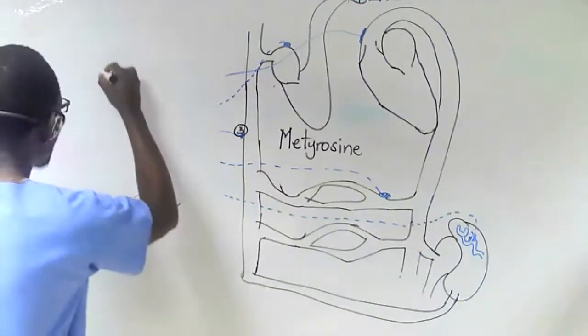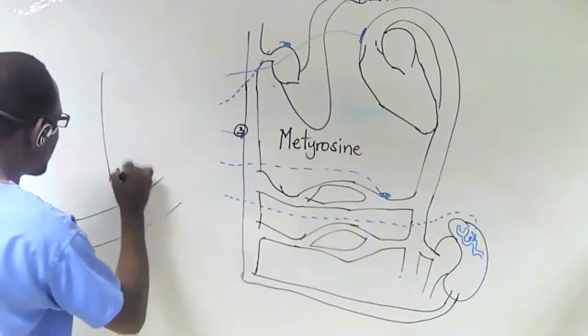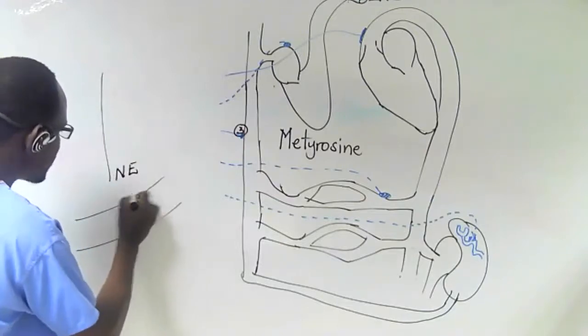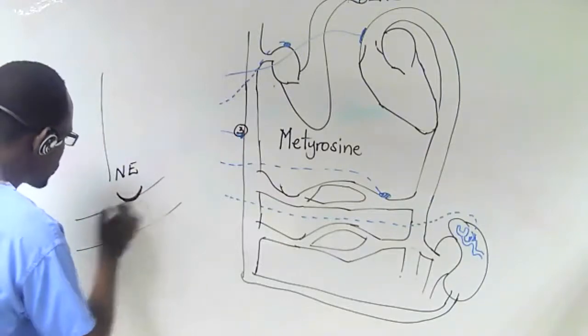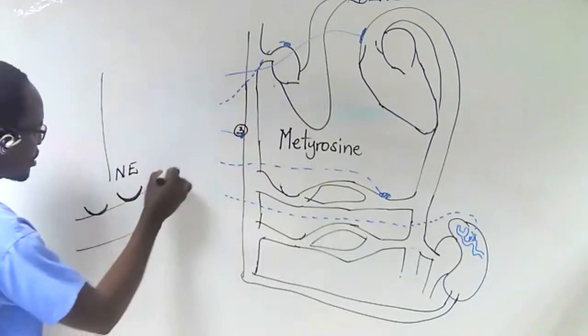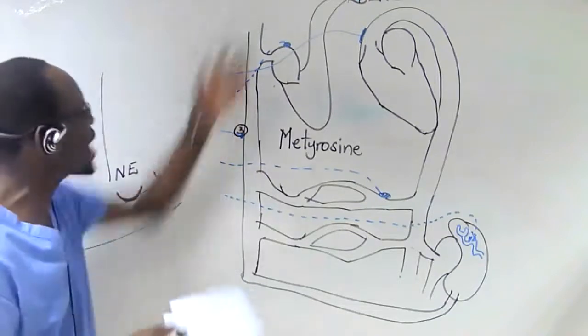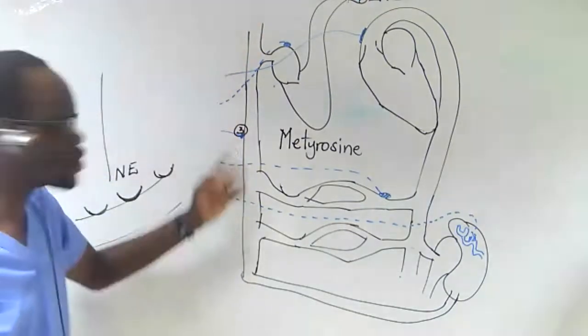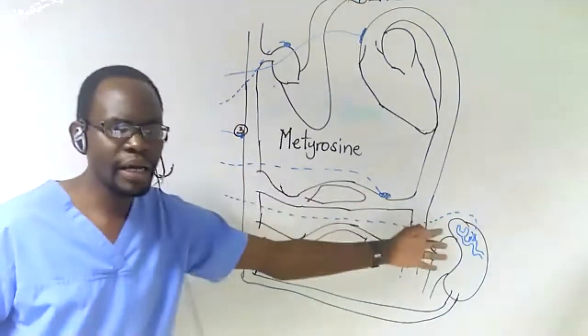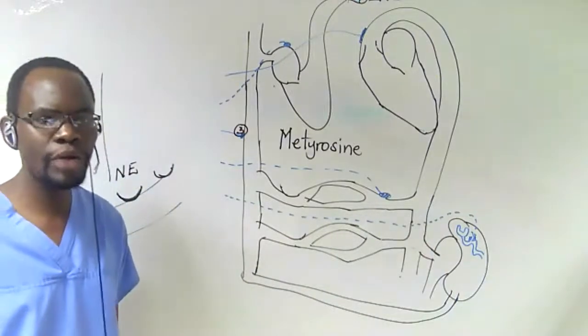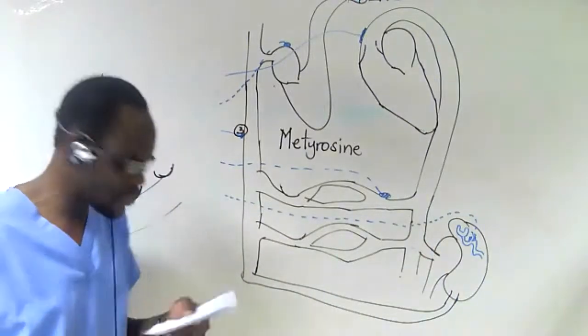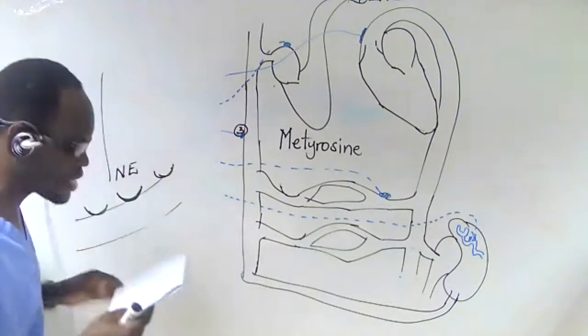That norepinephrine is supposed to act on receptors on the different effector organs. Those effector organs can be in the heart, on the blood vessels, in the kidneys, on the juxtaglomerular apparatus. So when it is released, it acts on those receptors.